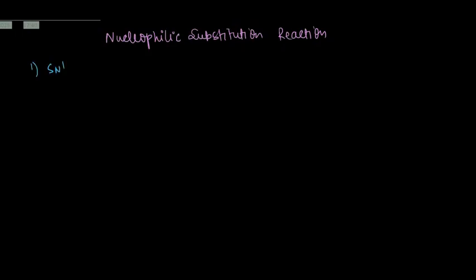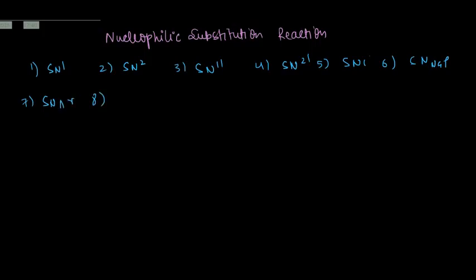First is SN1, second is SN2, third is SN1 dash, fourth is SN2 dash, fifth is SNi, sixth is SNNGP, seventh is SNAr, eighth is SNAE, ninth is SNEA, which is also known as benzyne mechanism. Right, so today we're gonna understand what the nucleophilic substitution reaction is.